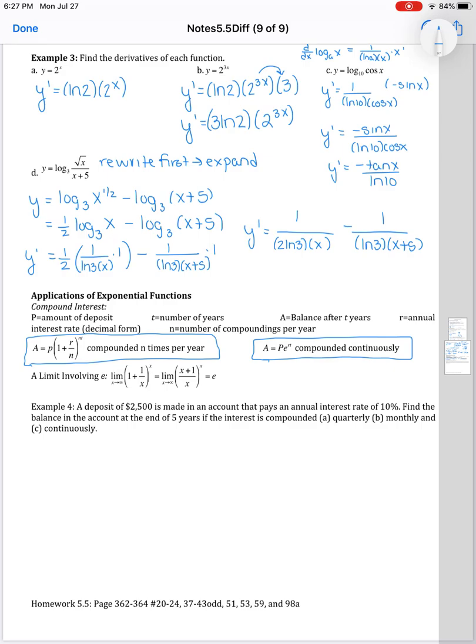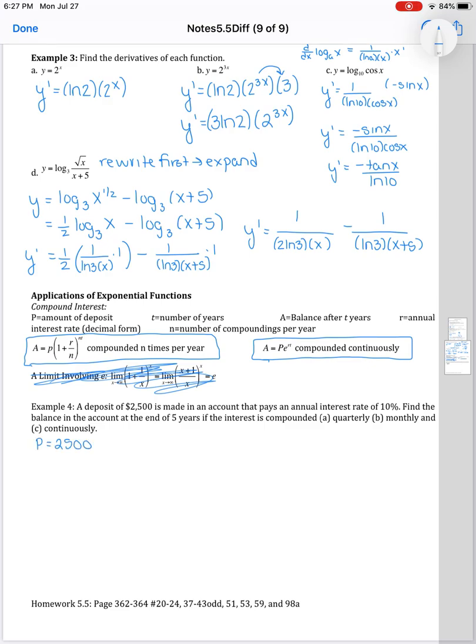Now the only last part that comes in, just because we are dealing with exponents and exponentials, is something called compound interest. So you could be compounding quarterly, continuously, monthly, and there's two formulas. If you are compounding a certain amount of times per year, that's the formula you would use. But if you're compounding continuously, then that's the formula.